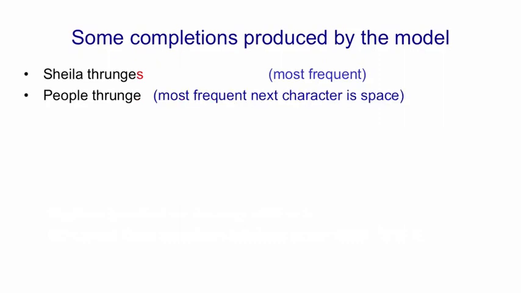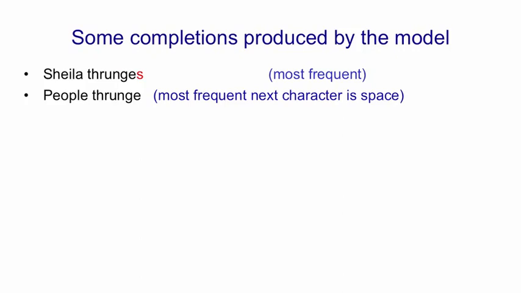So I gave it opening contexts in which that might be a verb to see what character was most likely to come next. So if you give it Sheila Thrunge and ask for the next character, the most frequent one is an S, which suggests that it knows that Sheila is singular, just from reading Wikipedia. If you give it People Thrunge, the most frequent next character is a space, not an S, which suggests that it knows that people is plural.